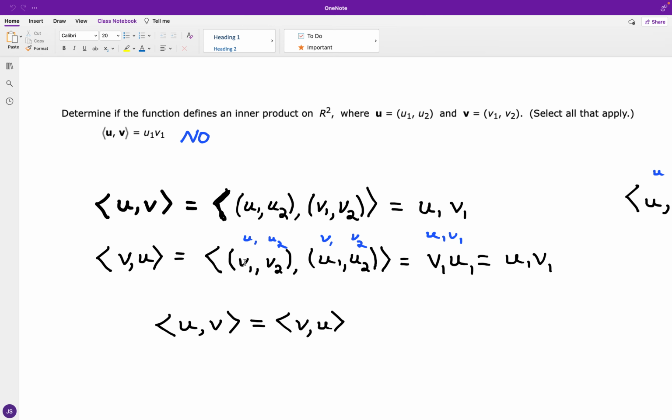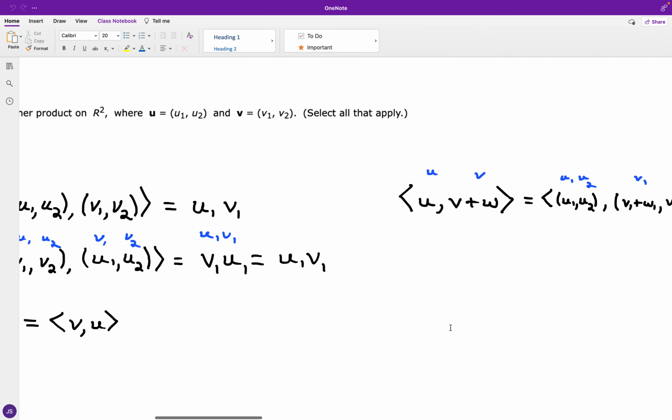So v sub 1 times u sub 1 is commutatively equal to u sub 1 times v sub 1. So the first axiom is satisfied, and failure is not due to axiom 1, because it is complied with.